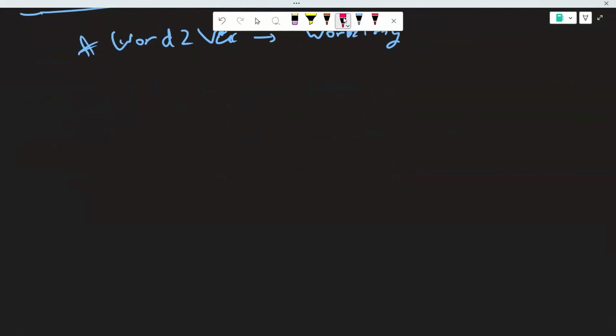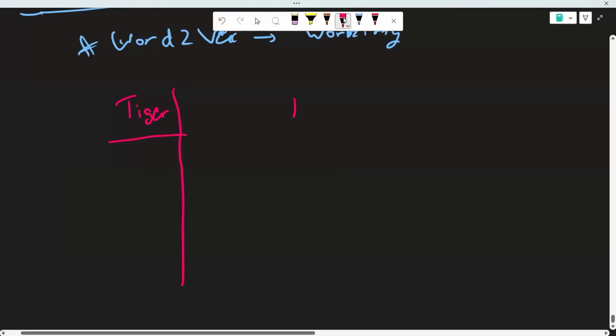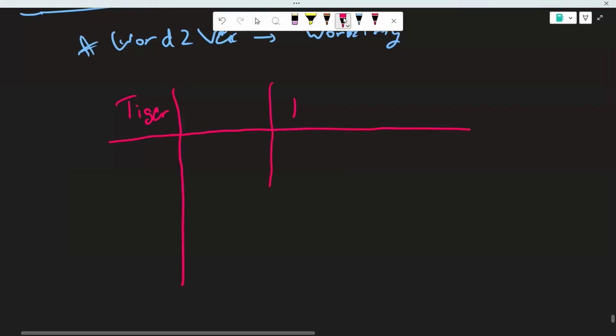Let's say the few keywords that we have are, first one is tiger. Second one is, let's say, engineer.